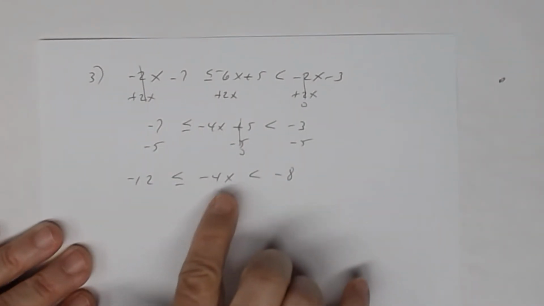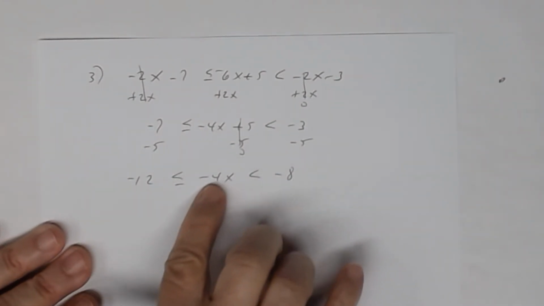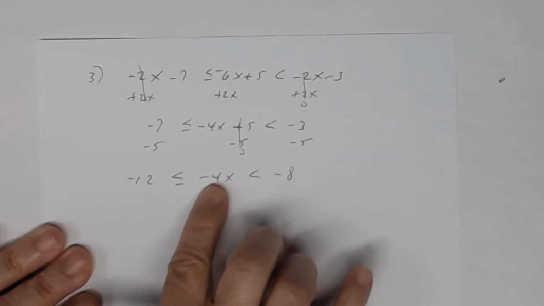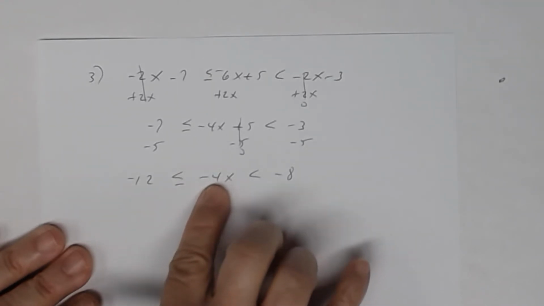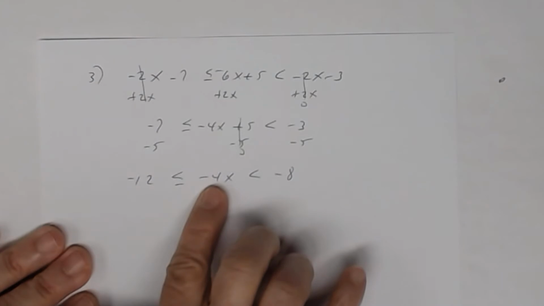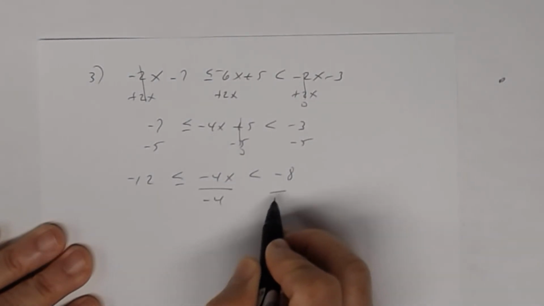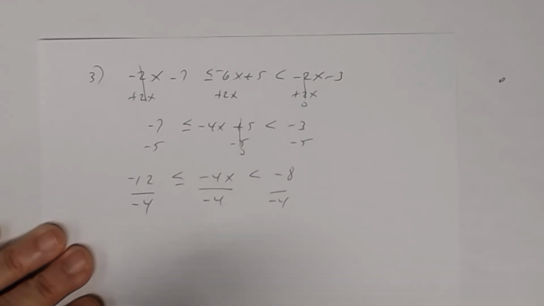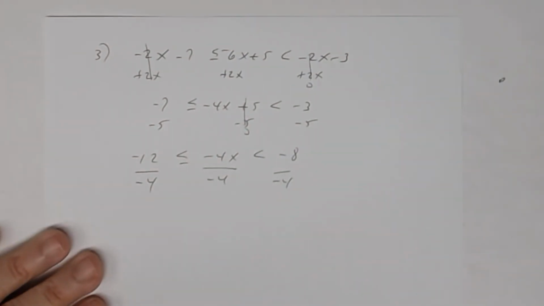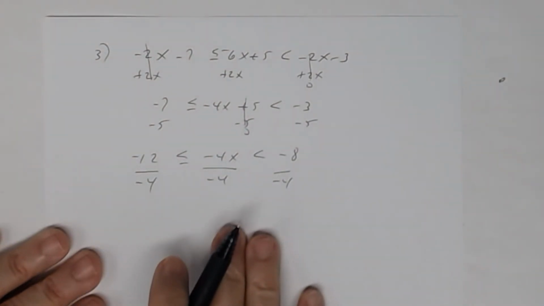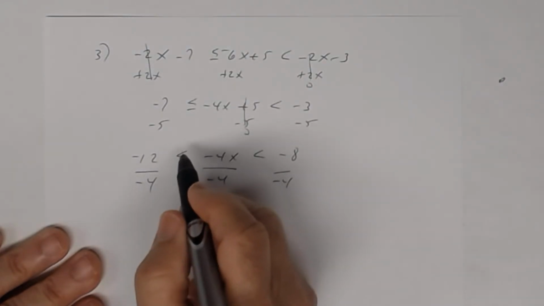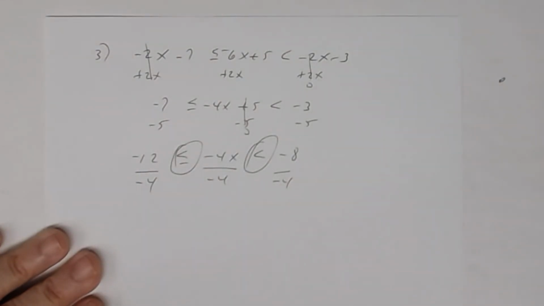All right, now be careful with the rest of this. See, this coefficient of x is negative, so you've got to remember some things about dividing or multiplying an inequality by a negative number. To get x by itself, I'm going to divide all parts by negative 4. But remember, when you multiply or divide an inequality by a negative number, you have to reverse those inequality symbols.